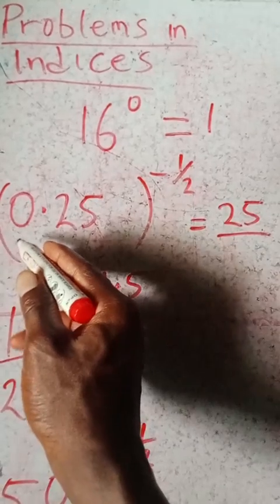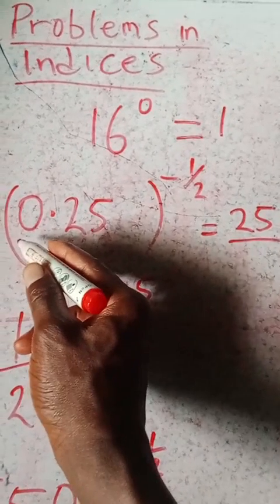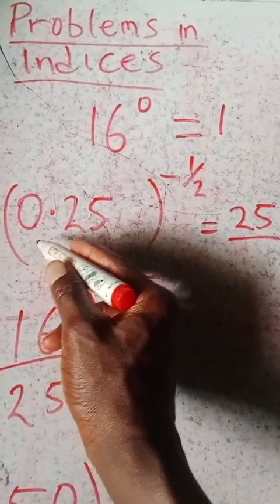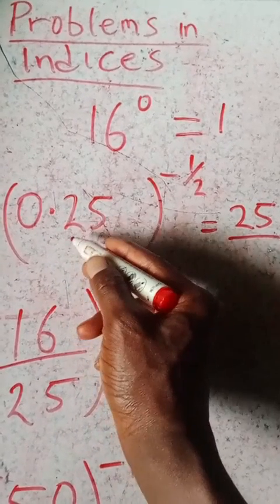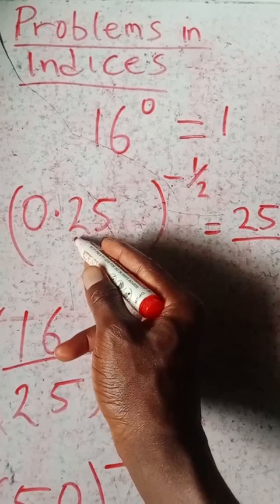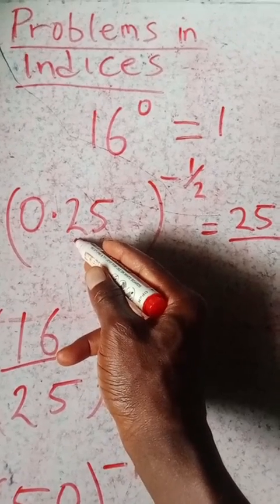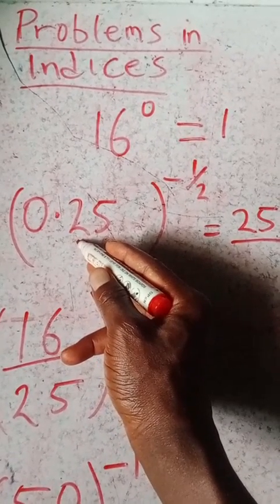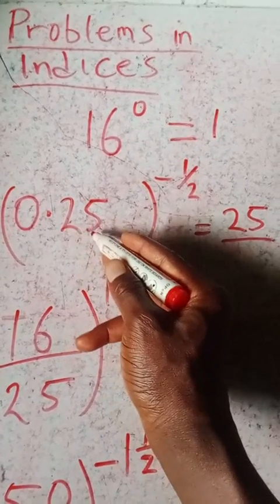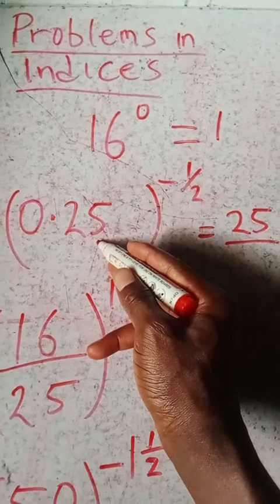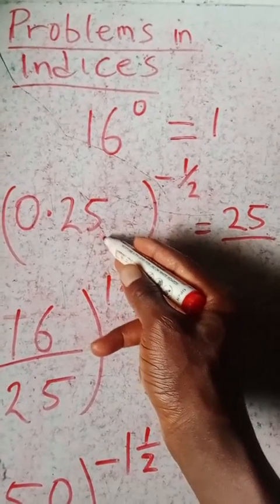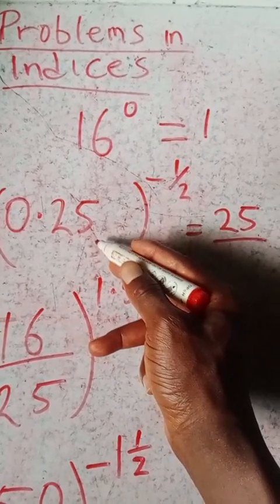We go back to the decimal. If you want to convert from decimal to fraction and you have only one decimal place, you divide by 10. If it is two decimal places, you divide by 100. If it is three decimal places, you divide by 1000, and so on.